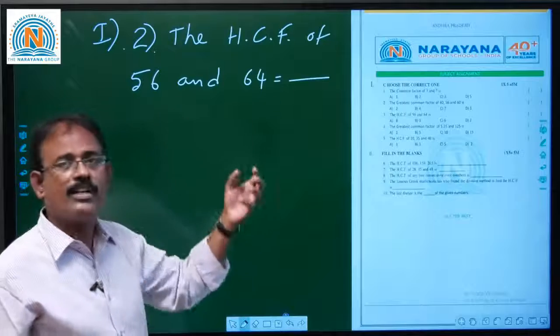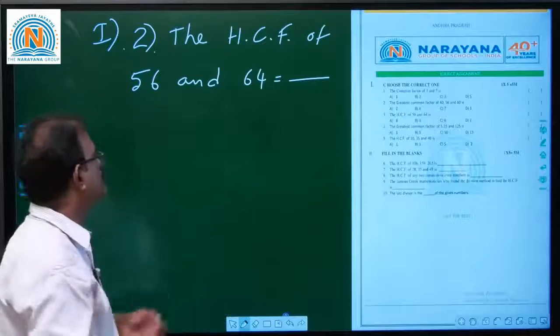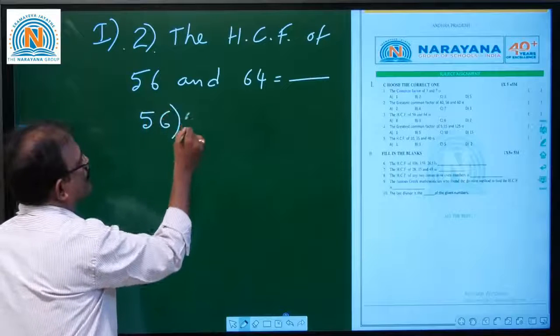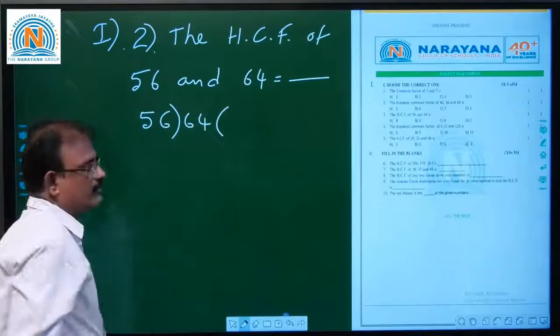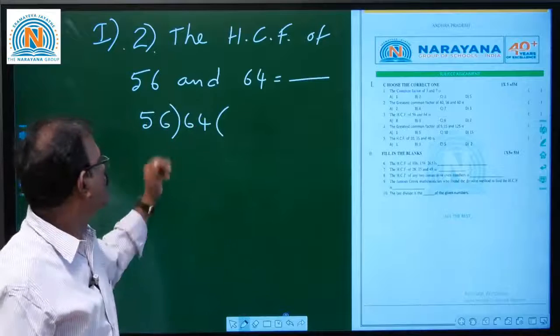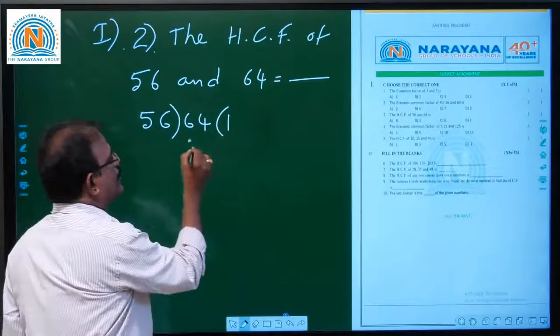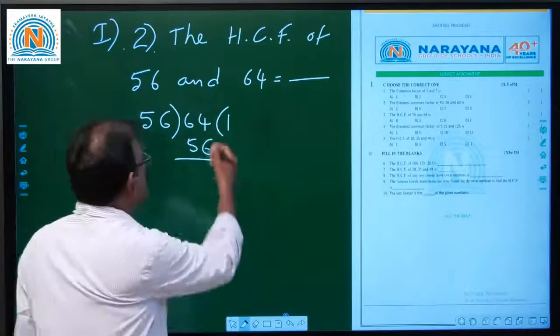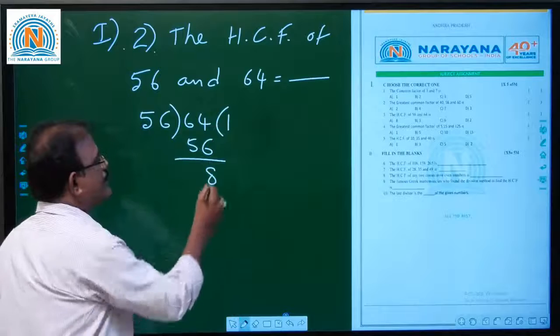Here let us do it depending on division method. See how it is. 56, 64. Let us say 56 cancels here one time only. When you subtract, it is 8 times.